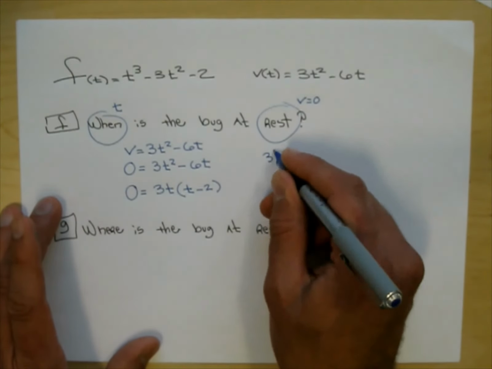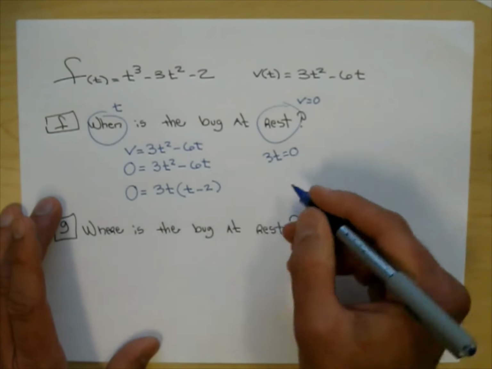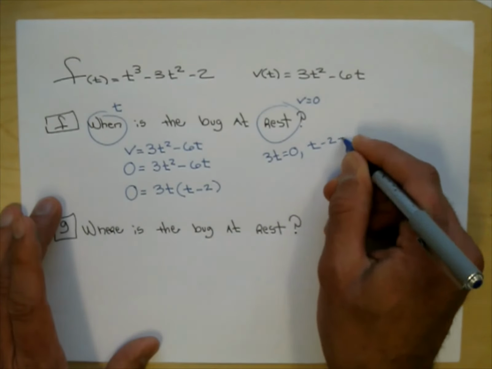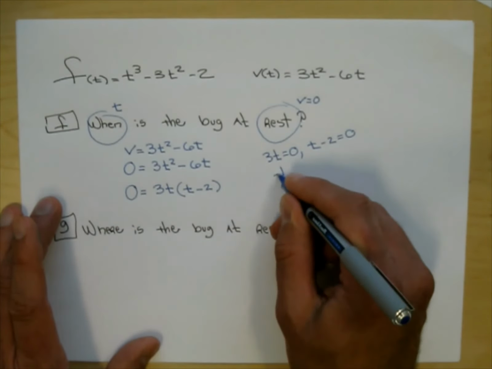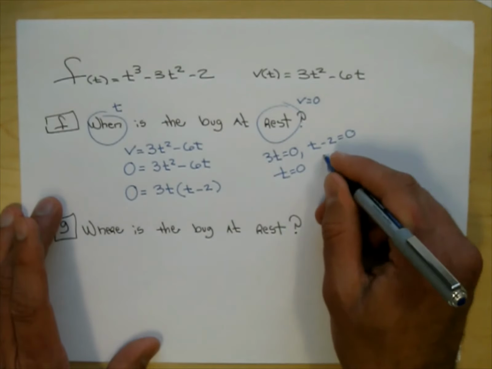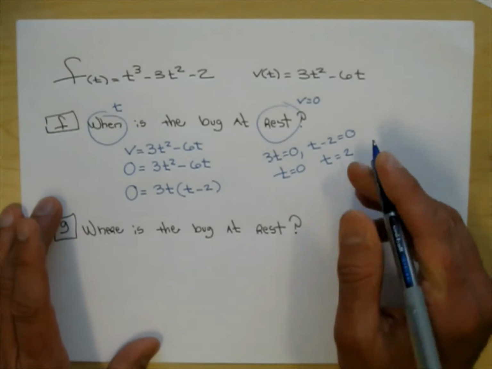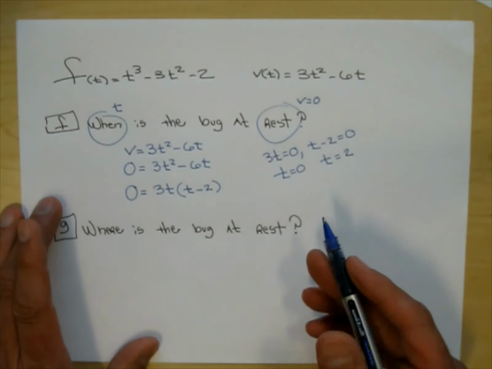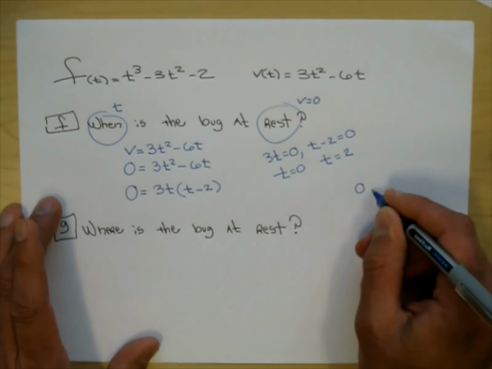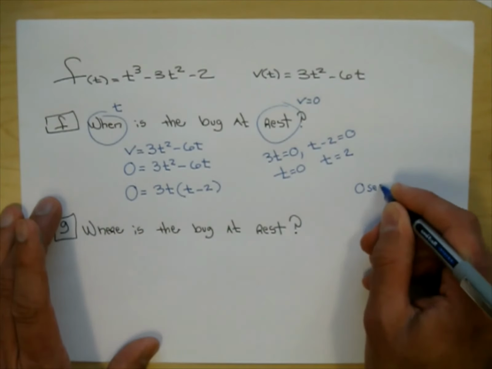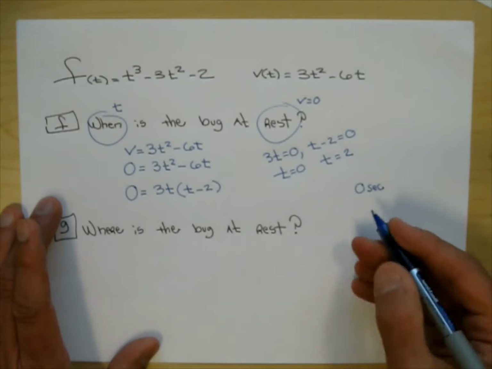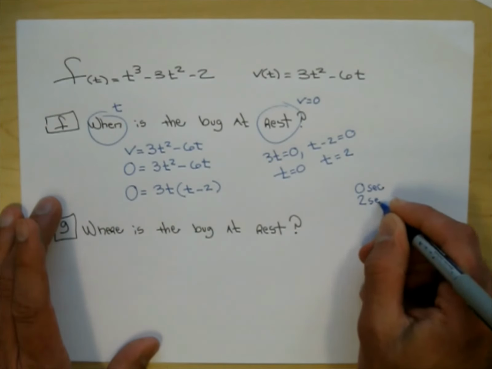So I have 3t equals 0 and t minus 2 equals 0. So the 2 times would be time 0 and time 2. So the bug is resting, which means he has velocity 0 at 0 seconds, and at 2 seconds.